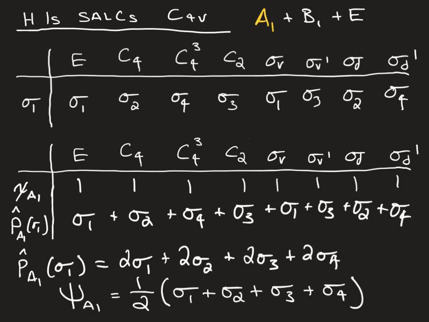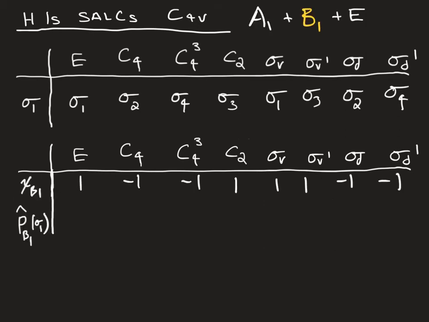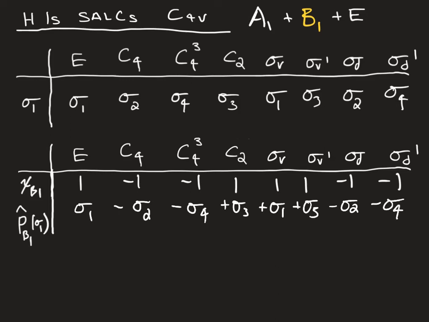And we get this for our A1 SALC. We're now going to go through and project this through for the B1 SALC. So it's sigma 1 minus sigma 2 minus sigma 4 plus sigma 3 plus sigma 1 plus sigma 3 minus sigma 2 minus sigma 4.